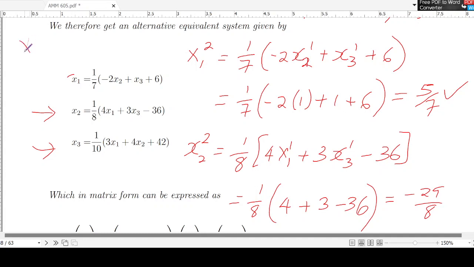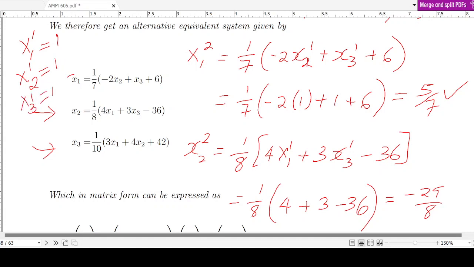Remember, we are using the initial approximation: x1,1 equals 1, x2,1 equals 1, and x3,1 equals 1.